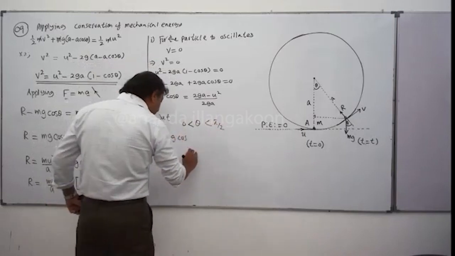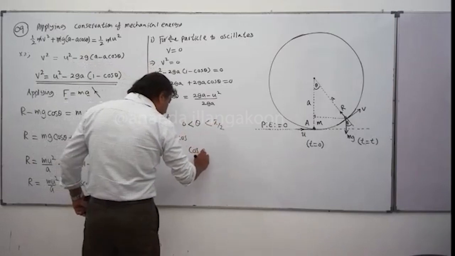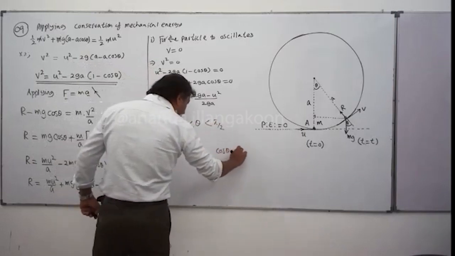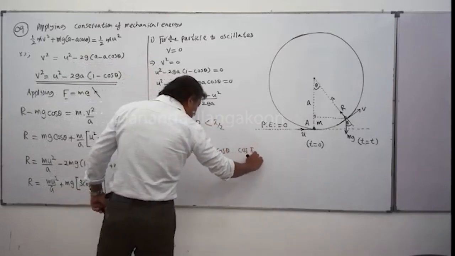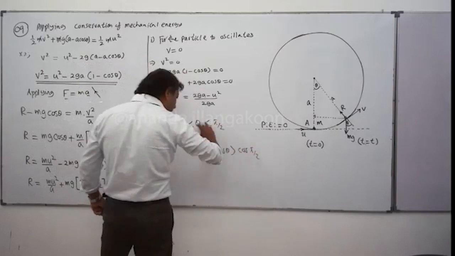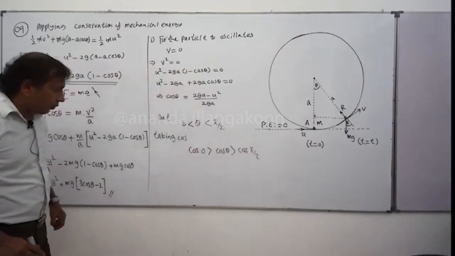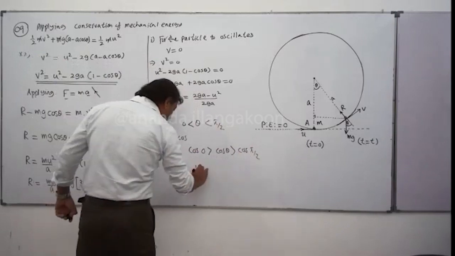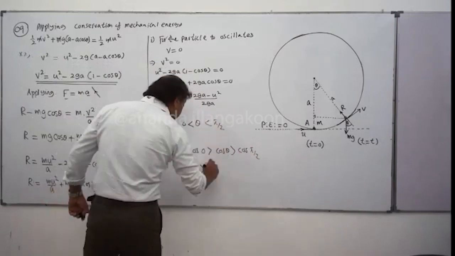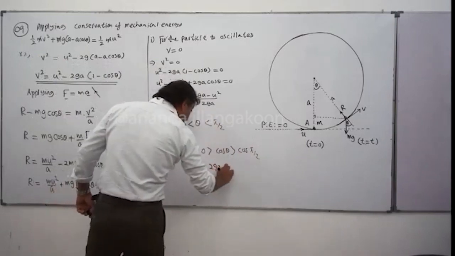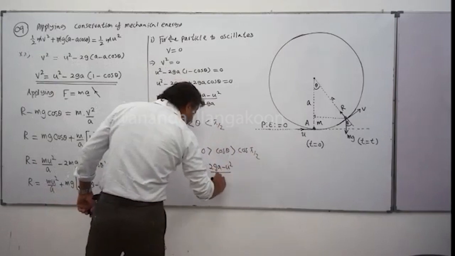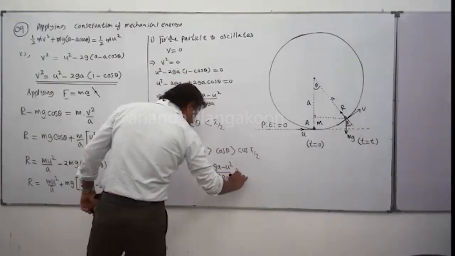What do you get? Cos 0, cos theta, cos pi by 2. It should happen this way, no? The other way around it takes. Cos 0 is 1. Cos theta is this answer, 2Ga minus U squared divided by 2Ga. Cos pi by 2 is 0.